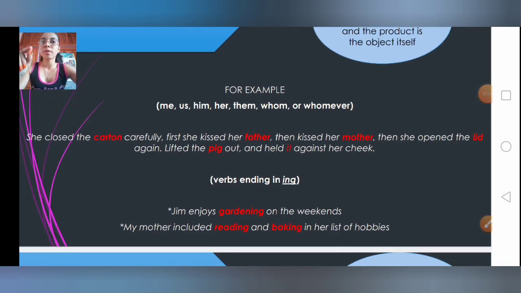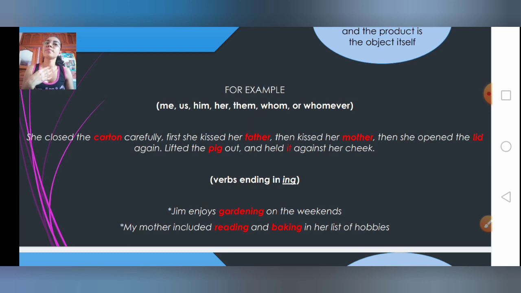In this example, you can see that there is only one subject, yet there are 1, 2, 3, 4, 5, 6 direct objects: carton, father, mother, lid, pig, and it.